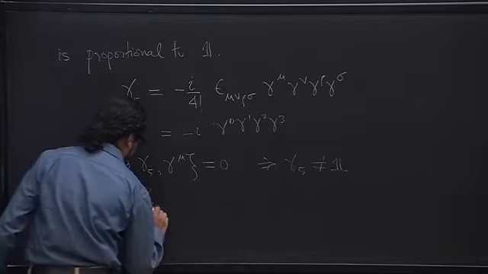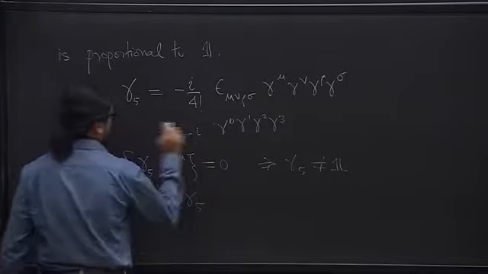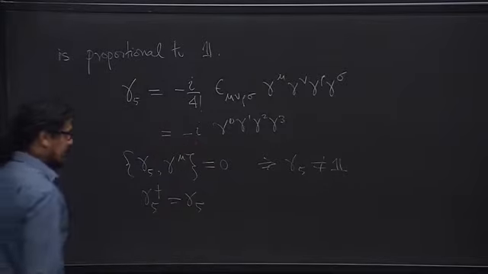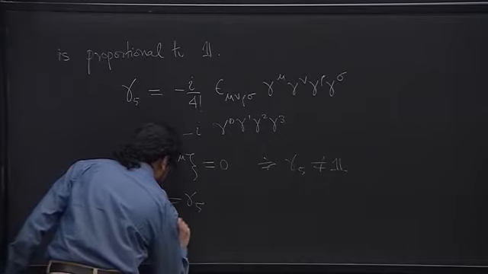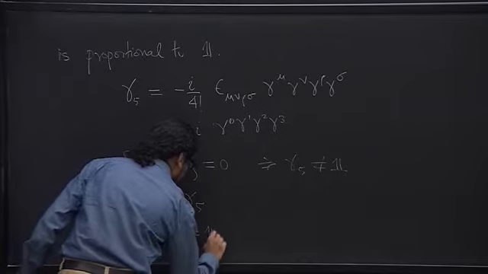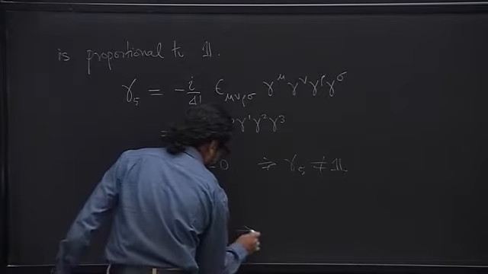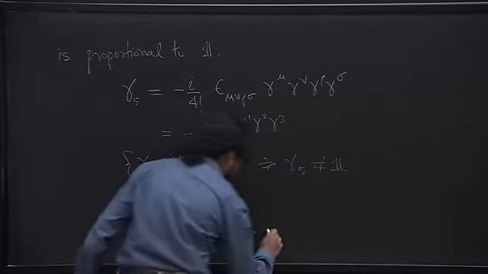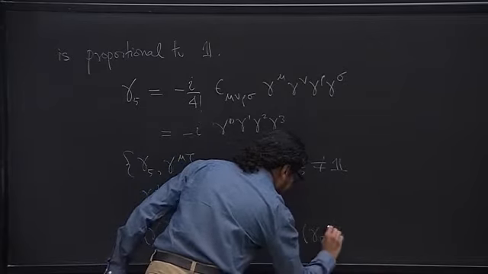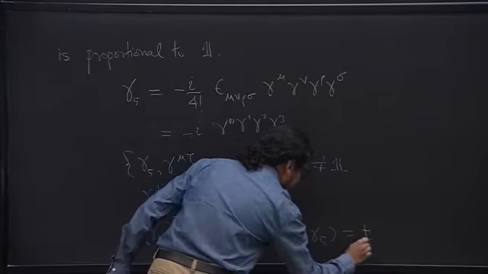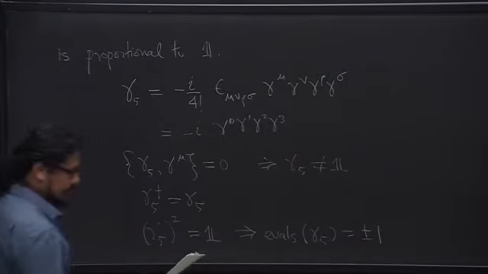Gamma 5 is Hermitian, and the i here does that job. And gamma 5, if you square it, you get the identity matrix. This implies, very importantly, that the eigenvalues of gamma 5 are plus 1 or minus 1. Okay?